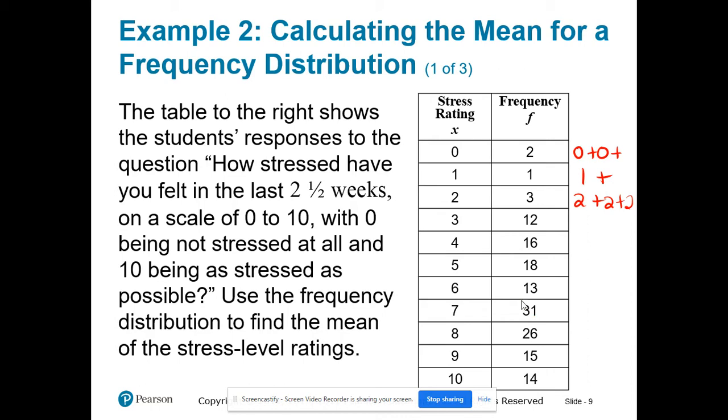Probably not. An easier way is to realize that 7 plus 7, 31 times is equivalent to 7 times 31, or 8 times 26. This is a multiplication, not an x, and 10 times 14.